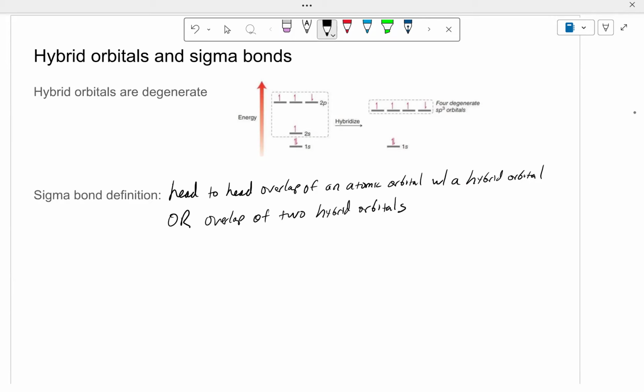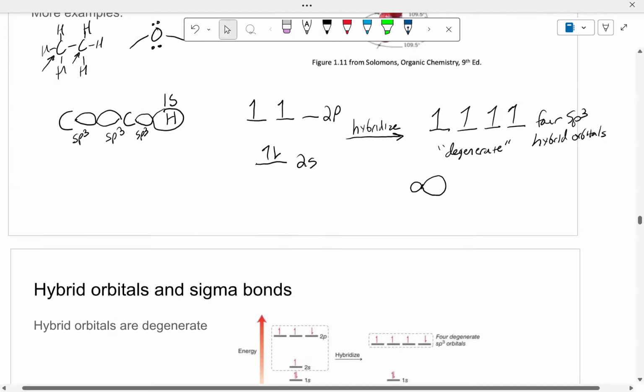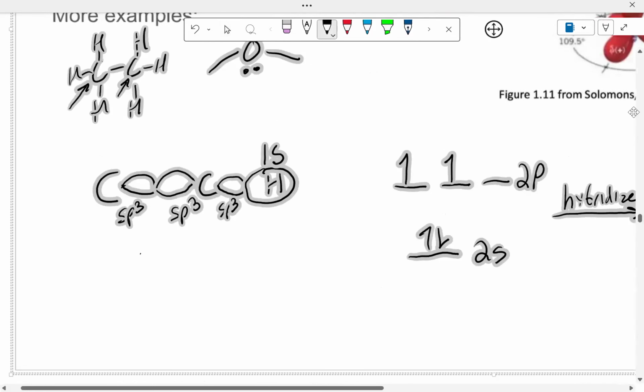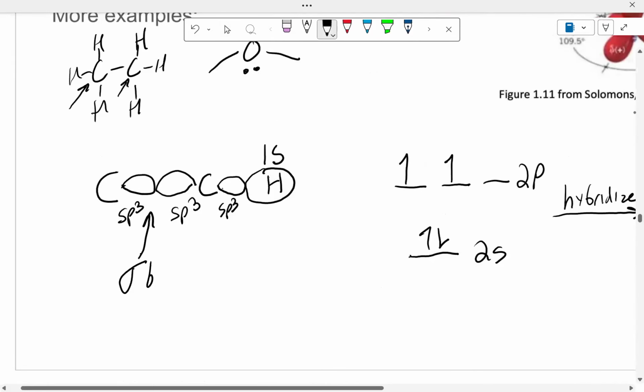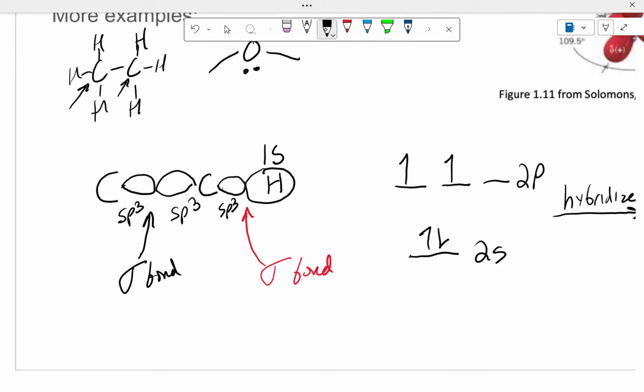Doesn't matter what kind of hybrid orbitals they are. They could be sp3 orbitals overlapping head to head. They could be, and we'll get into sp2 in a little bit, sp3 with an sp2. So any hybrid orbitals overlapping, or a hybrid orbital with an atomic orbital, classifies as a sigma bond. So I'm going to go back up here. We can see that is the case here with a carbon-carbon bond. That's a sigma bond. And a carbon-hydrogen bond where you have an sp3 orbital overlapping with a 1s, that's also a sigma bond.